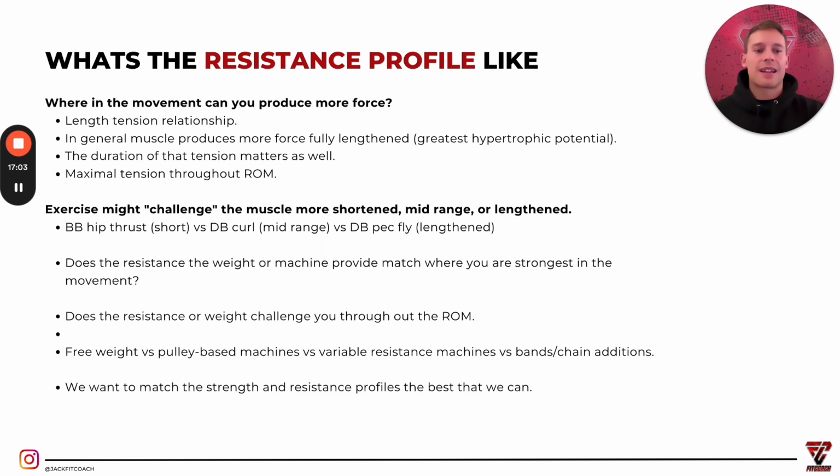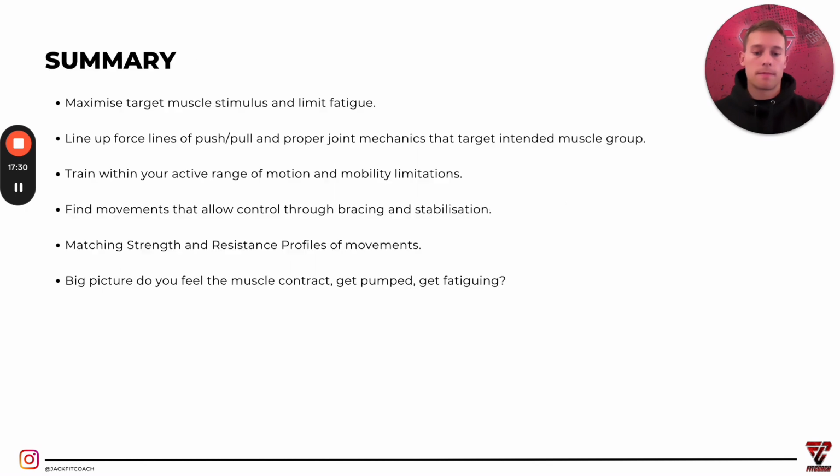When we select exercises and resistance modalities that align with the strength and resistance profile of the targeted muscle, you can actually maximize the effectiveness of your training regime and achieve your hypertrophic goals more efficiently. We actually want to match the strength profile of the muscle with the resistance profile of the machine.